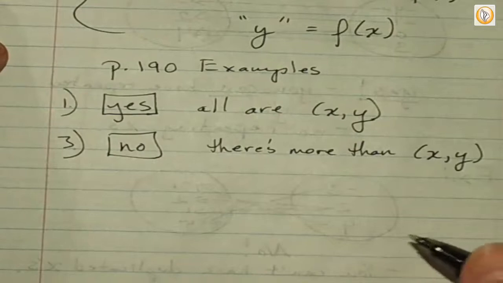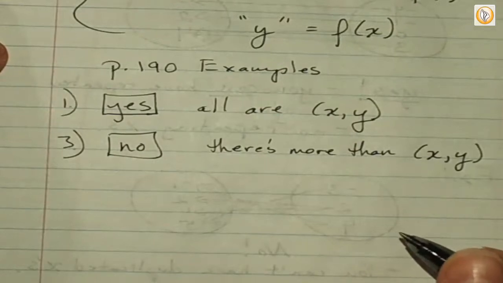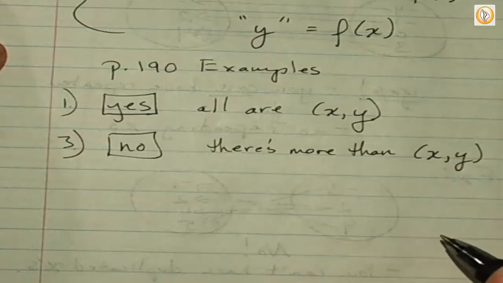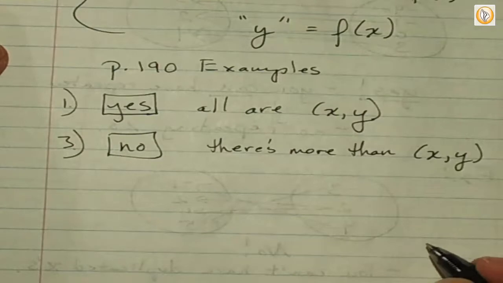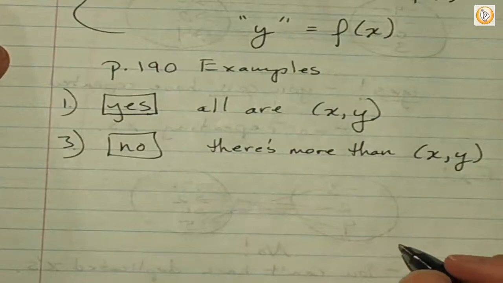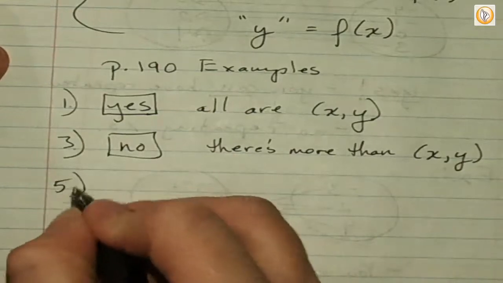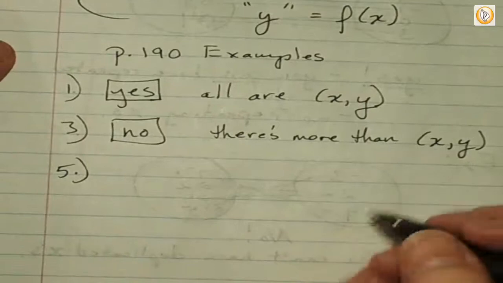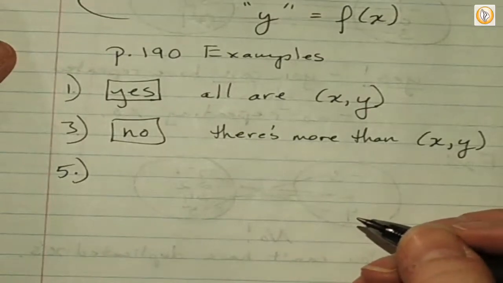You just look at it, and some of you may even be wondering, is it really that easy? Is there a catch to it? But no, it's that easy. Just look at it. All right, number 5. It says draw a mapping diagram of each relation and state whether, no, don't even draw a map. I want you to look at number 5.